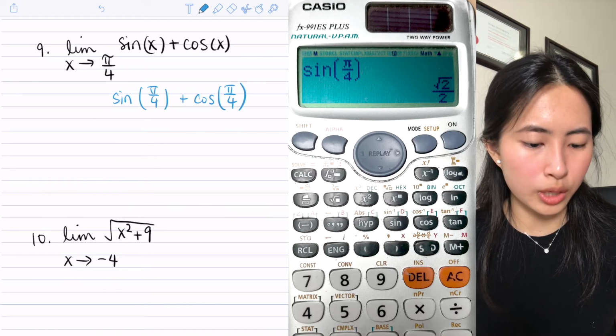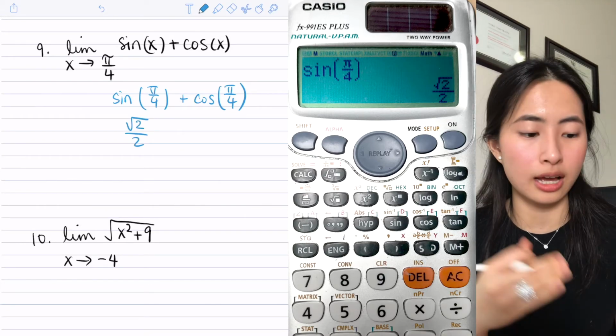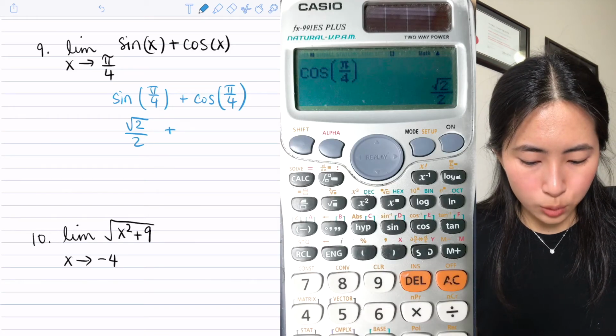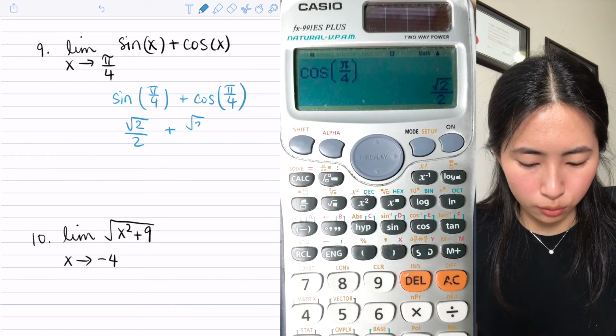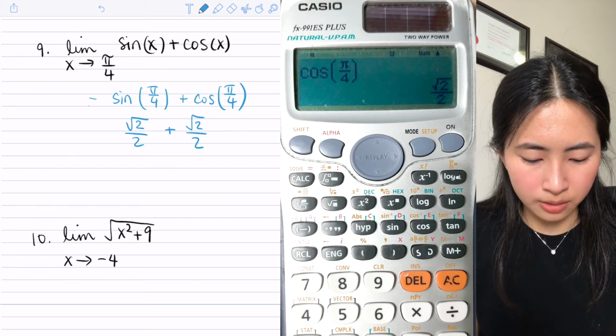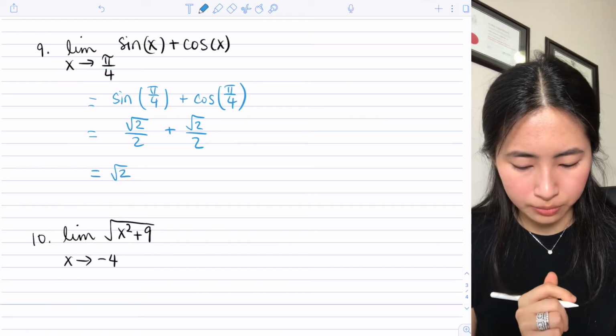You're going to get square root of 2 over 2, and the same for cosine pi over 4. So you would have square root of 2 over 2 plus square root of 2 over 2. And because we want to combine the two fractions together, you see that this is actually square root of 2.